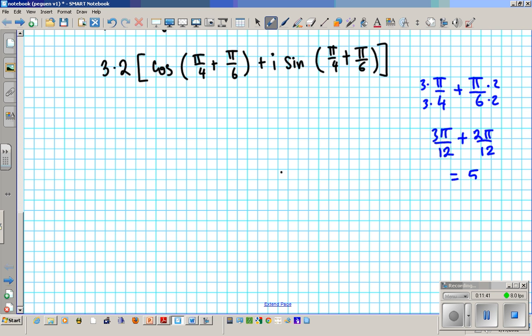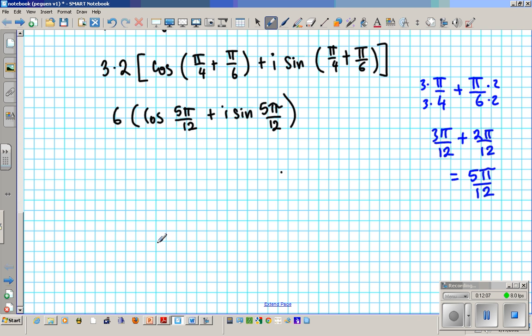When I add both of them, I get 5 pi over 12. So this is your sum of the angles, okay? If you don't like radians, you can change this into degrees and that'll be much easier. Same thing. So we're going to have 6 times cosine 5 pi over 12 plus I sine 5 pi over 12.